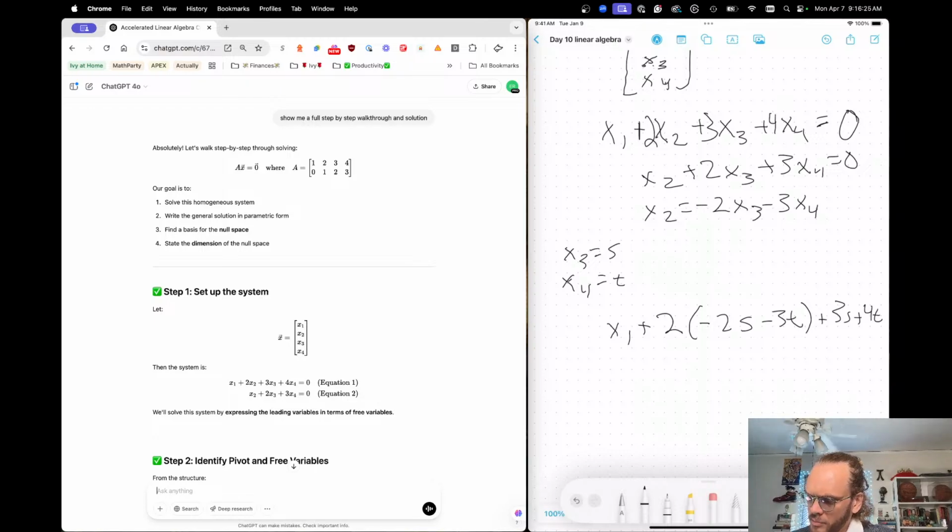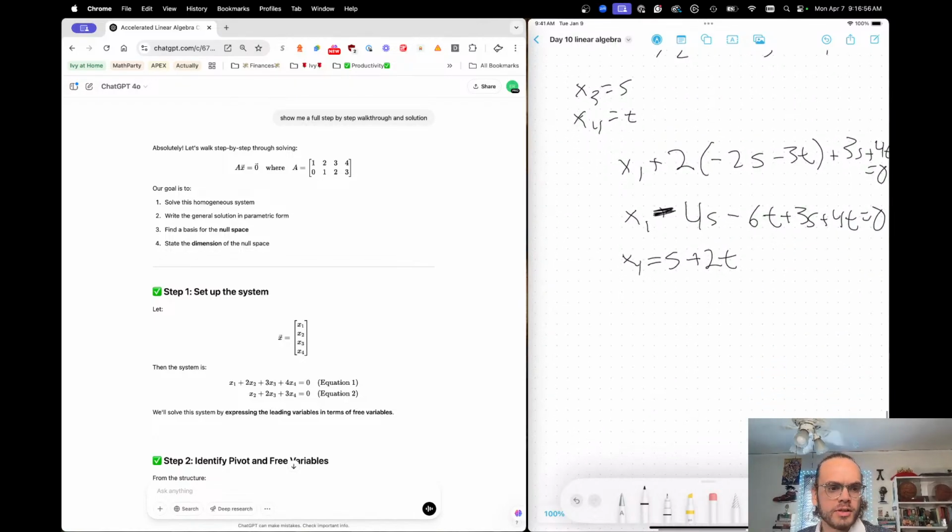All right, and then that becomes this all equals 0. So x1 minus 4s minus 6t plus 3s plus 4t. So therefore I get x1 minus s, x1 equals s, so it's negative 2t plus 2t.